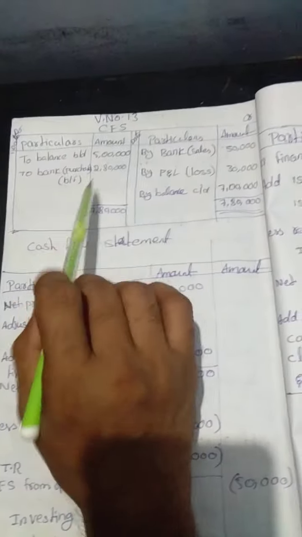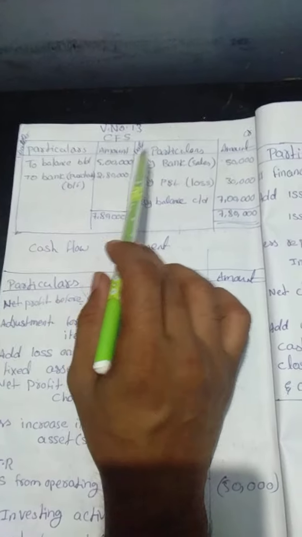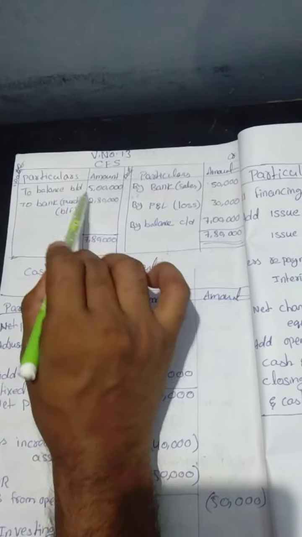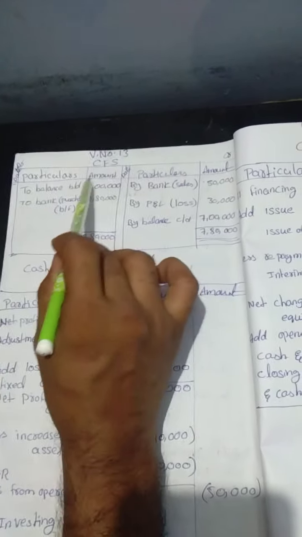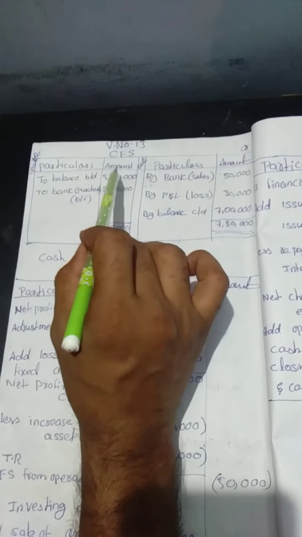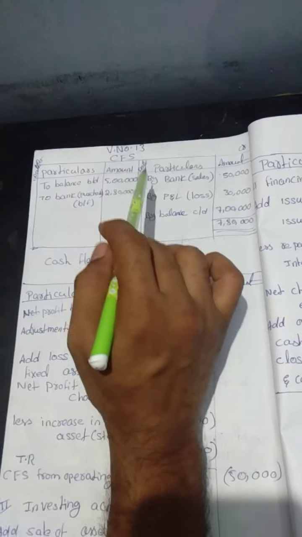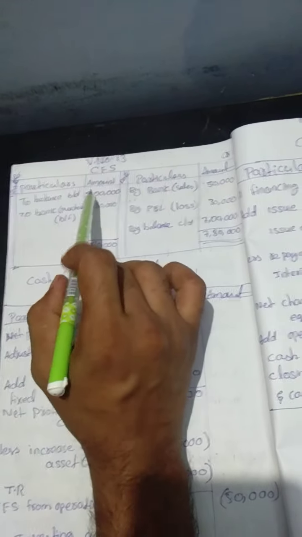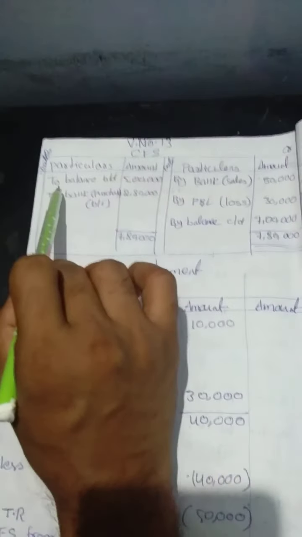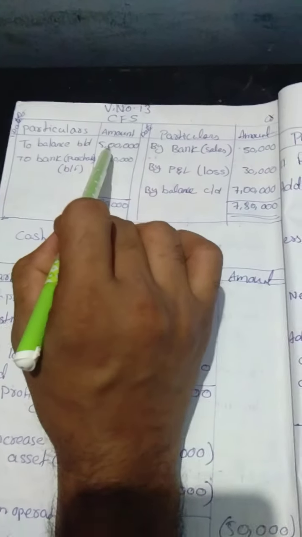So we are going to make the fixed asset ledger account. We know this is an asset, so on the debit side we mention last year's balance as the opening balance, 5 lakh.